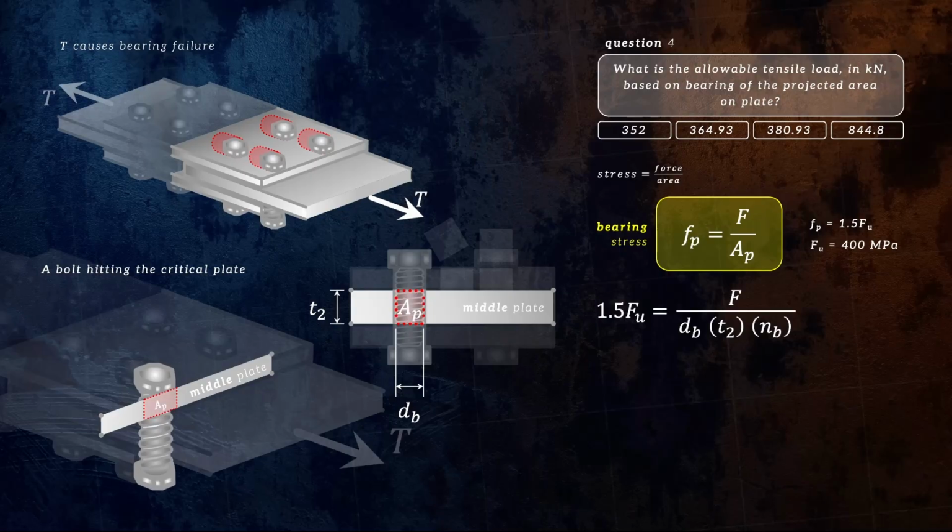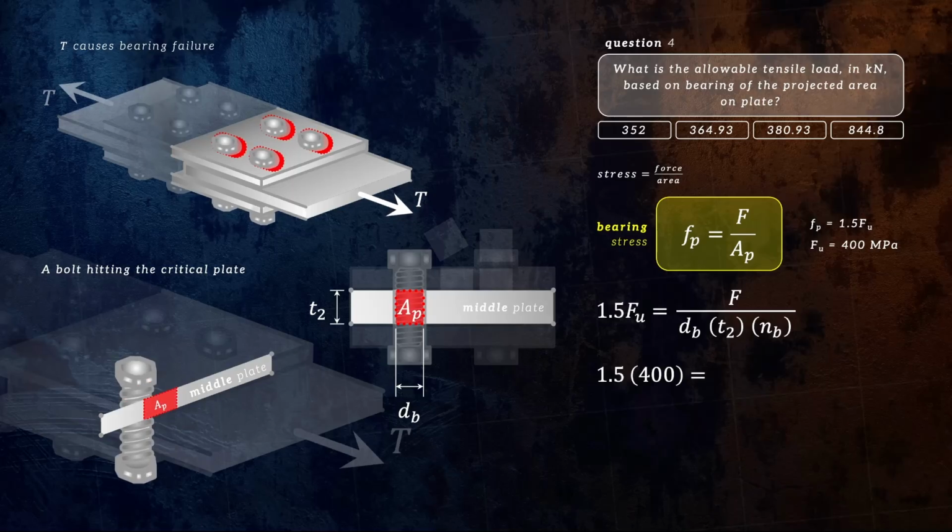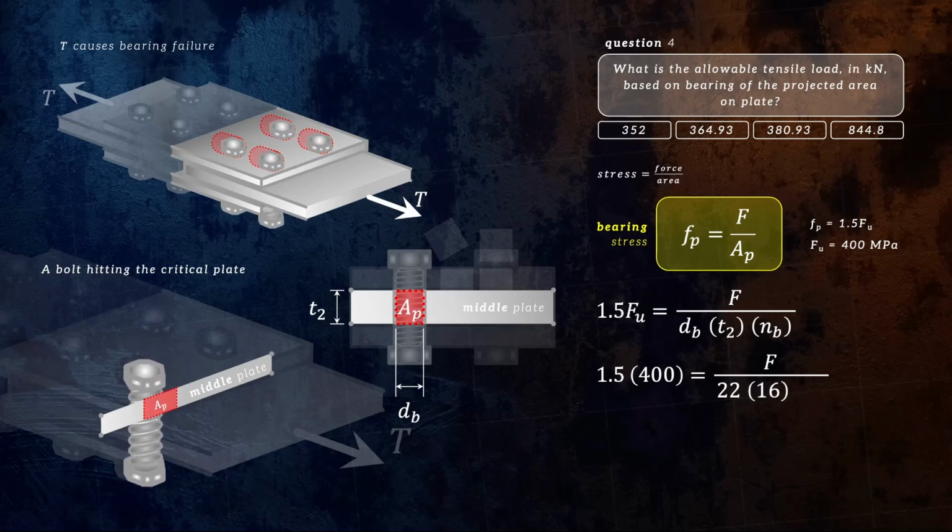Fu is given as 400. Hence, we will have 1.5 times 400 equals F over dB, which is still 22, T2, which is still 16, and the number of bolts involved, which is 4.